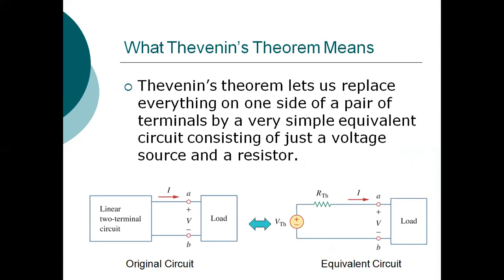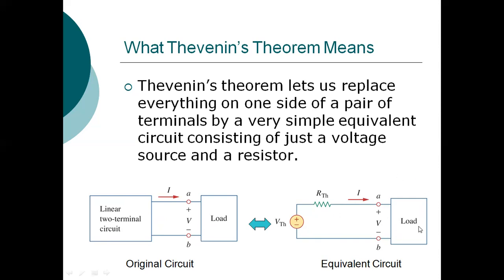Whatever this linear two-terminal network is, we can replace it by a circuit consisting of one single voltage source VTH in series with RTH, and only vary the load connected to this complicated network.